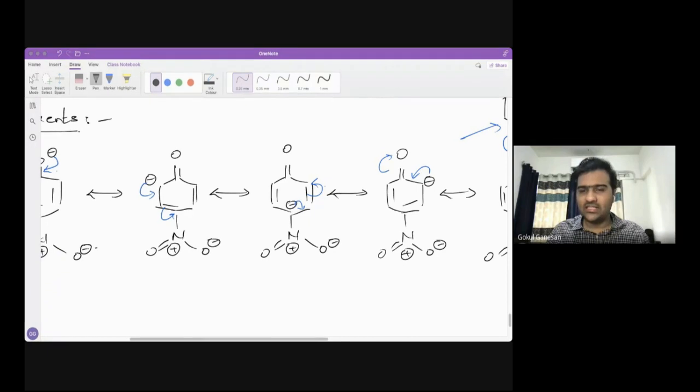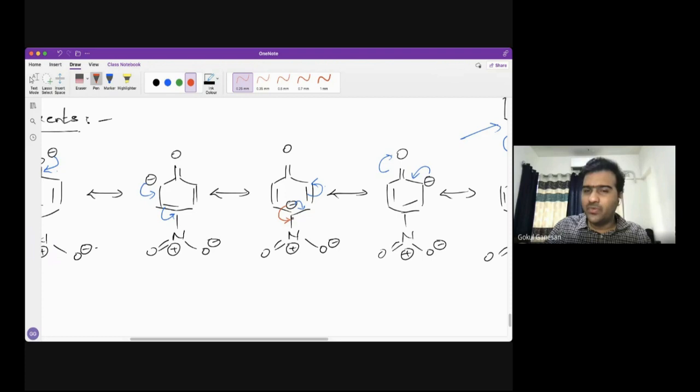In these resonating structures, there is a possibility to generate one additional canonical form. Which is that canonical form? I have a negative charge next to a nitrogen atom that is positive, which is pi bonded to oxygen. So apart from moving in anti-clockwise the way it would normally if there was no substituent around, there is another way that the negative charge can be delocalized, which is that it can be brought between the carbon and nitrogen.